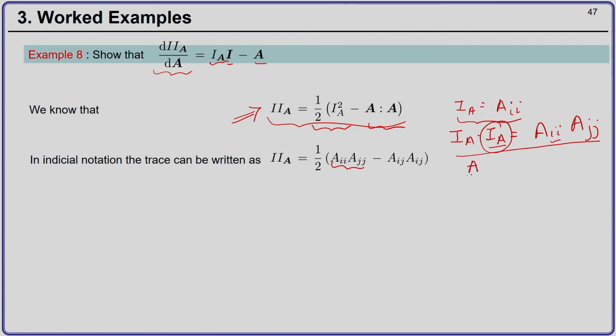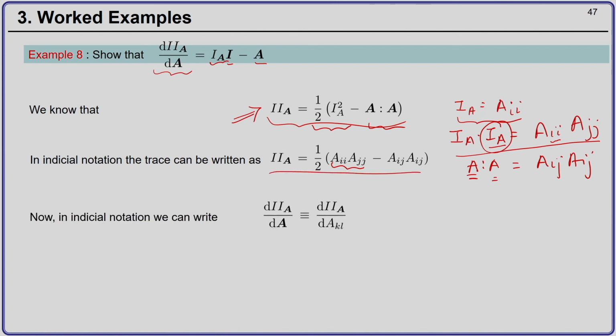Now, we want to write A double contracted with A in indicial notation, and if you remember, this was nothing but A_ij A_ij. Once we have our second invariant in terms of the tensor in indicial notation, we can write the derivative of the second invariant of the tensor with respect to the tensor as ∂II_A/∂A_kl. Why kl?